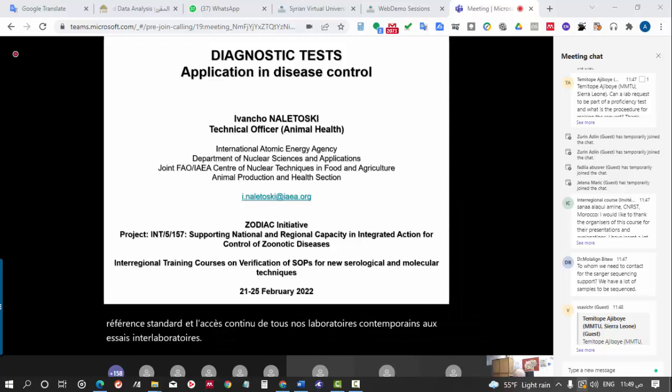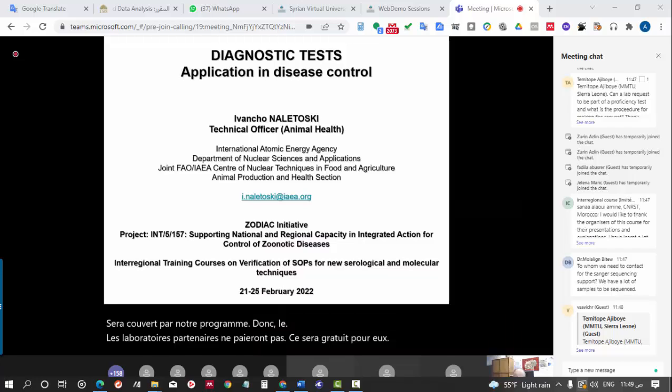The cost of these materials and interlaboratory trials will be covered by our program, so the partner laboratories will not pay, it will be free of charge for them.